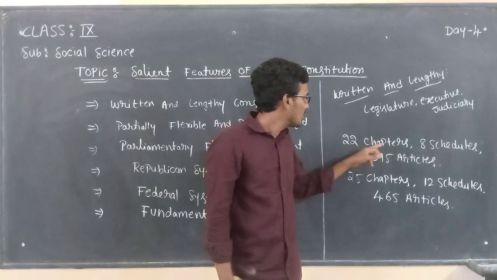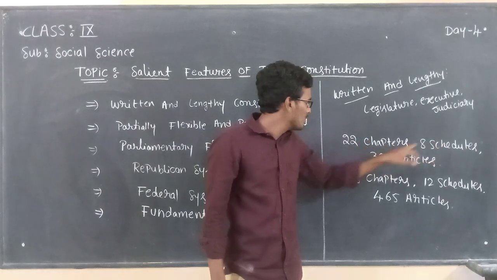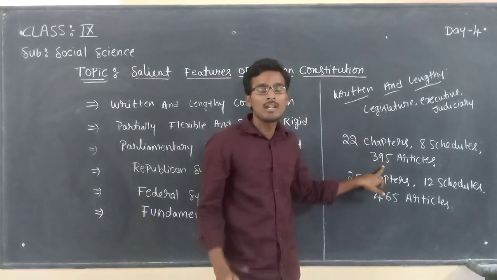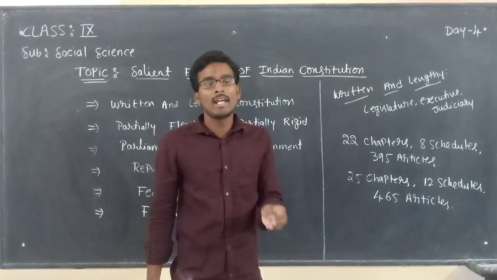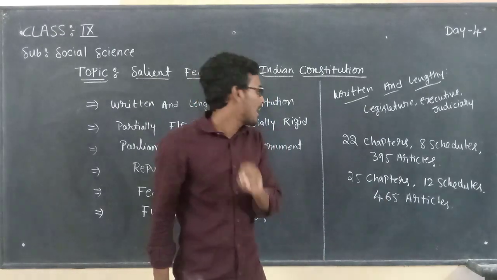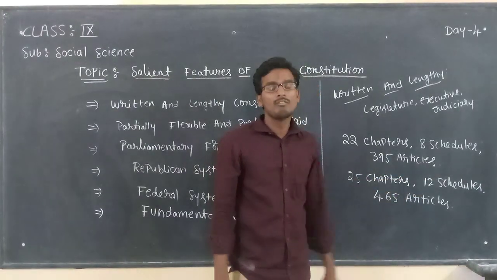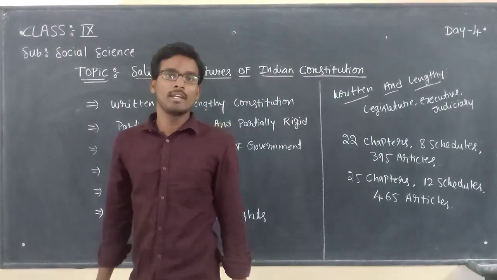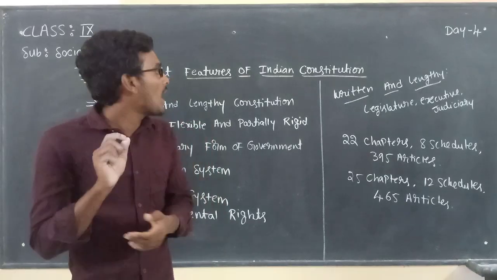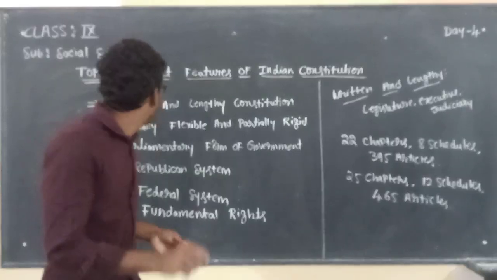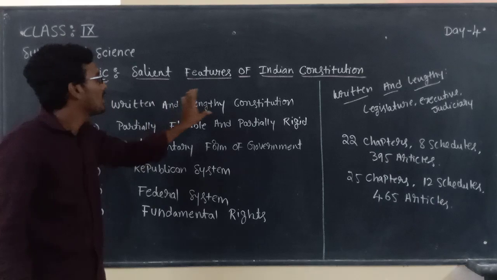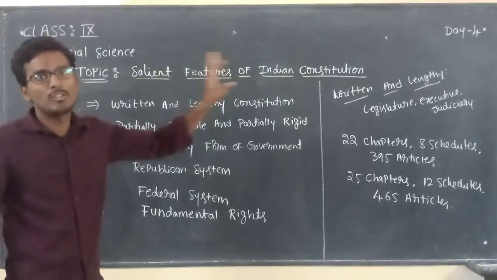Initially we had 22 chapters, 8 schedules and 395 articles. After a lot of amendments, at present there are 25 chapters, 12 schedules and 465 articles. Due to that reason, our constitution is called a written constitution as well as a lengthy constitution.